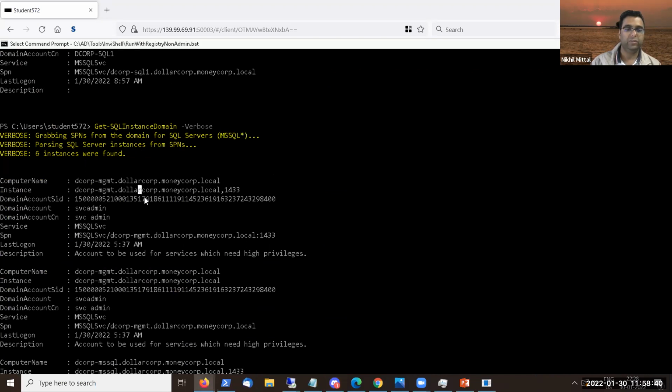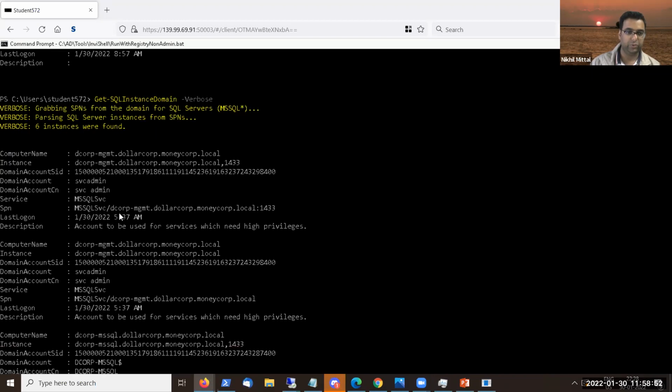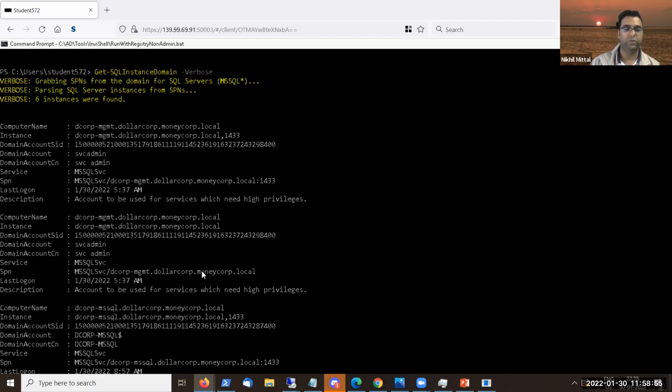So this gives you even those SQL Server instances that are not actively listening on the network. That is, even if you cannot reach them over the network, they will still show up. So a very good option for looking at the available SQL servers.